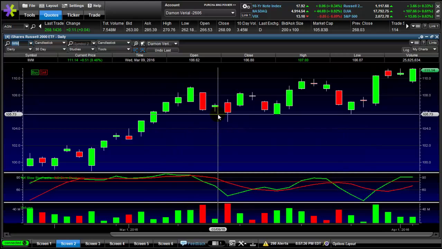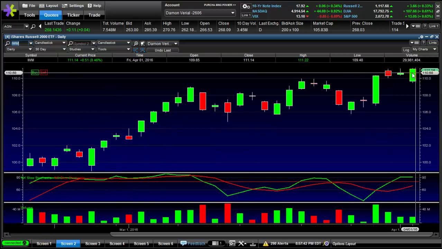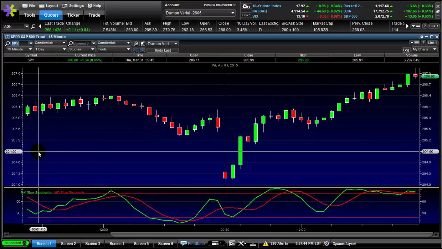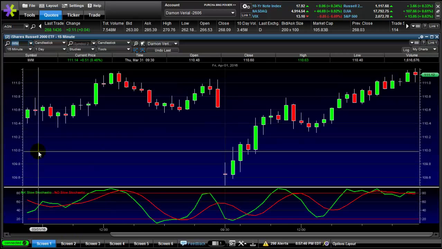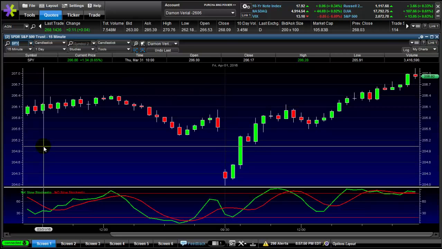So IWM tends to lead the SPY and the QQQ by just a small amount of time. And as we can see, IWM is up, and more or less it has trended the same way as the SPY. Alright, now what about, well, we're going to look at IYT.